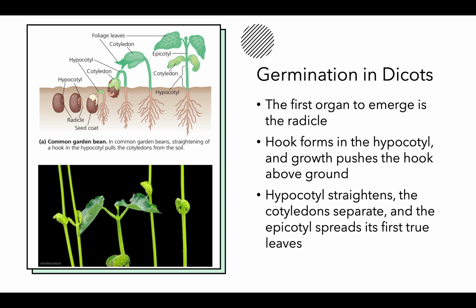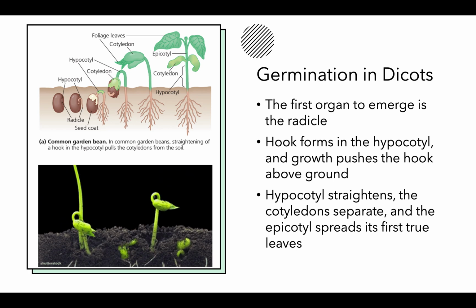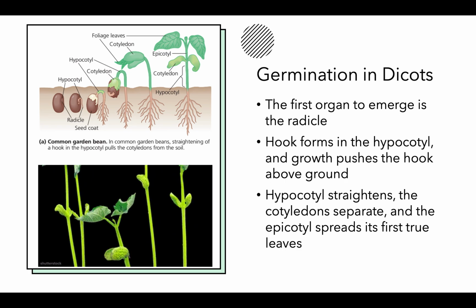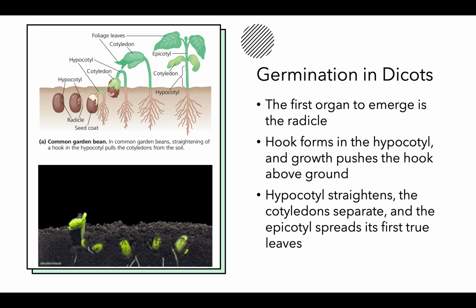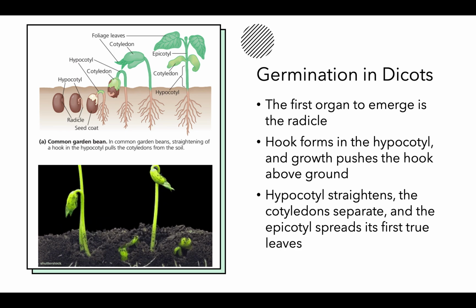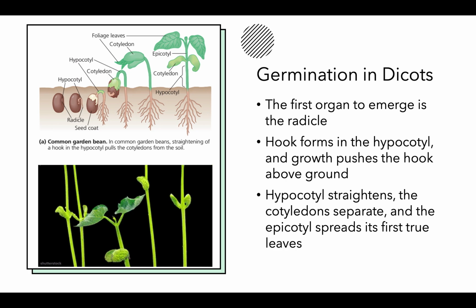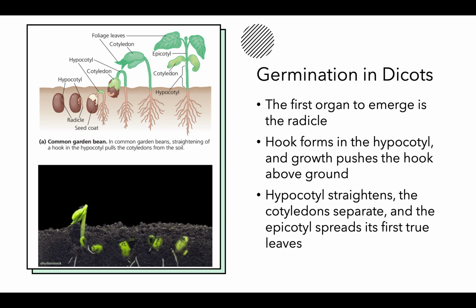In response to light, the hypocotyl straightens, the cotyledons separate, and the delicate epicotyl, now exposed, spreads its first true leaves. These leaves further expand, become green, and begin making food by photosynthesis. The cotyledons shrivel and fall away because their food reserves have been exhausted by the germinating embryo.